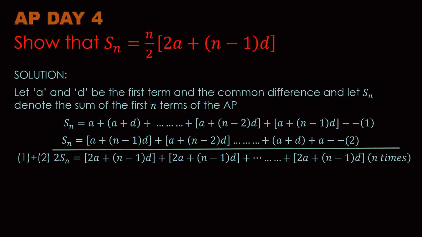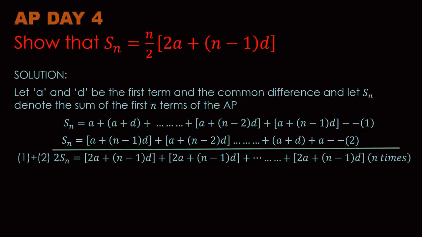From the first equation, look at the first term, which is a. Add the first term from the second equation, a plus (n minus 1)d. If you look at it, it becomes 2a plus (n minus 1)d.